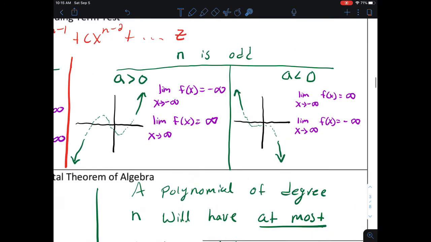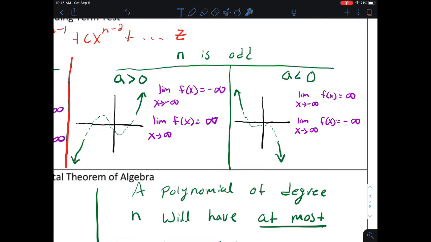The other option is if the highest degree term is odd. If it is odd, that means left and right sides will go opposite directions, much like x cubed. Now notice we're forgetting about the middle behavior here. The leading term test tells me end behavior only. So if this polynomial has a positive coefficient for the highest degree term, it will look a lot like positive x cubed in terms of its ends.